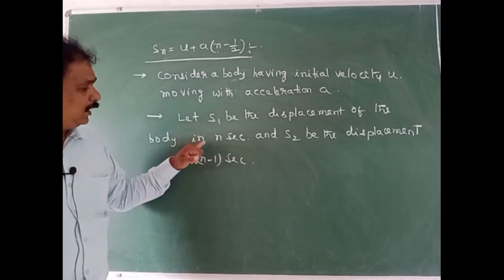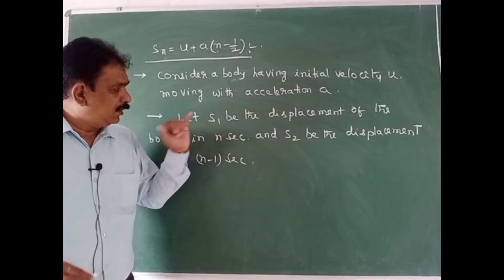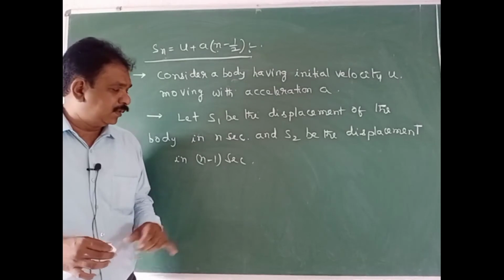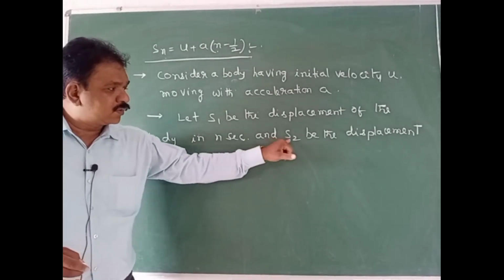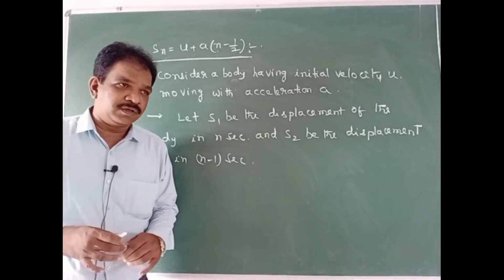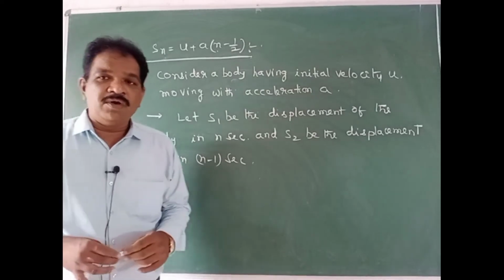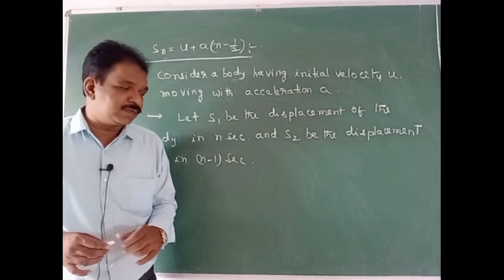So in n seconds, the body travels a displacement S1. In n-1 seconds, S2 is the displacement of the body. Like that I am assuming, using the formula s = ut + half at square.